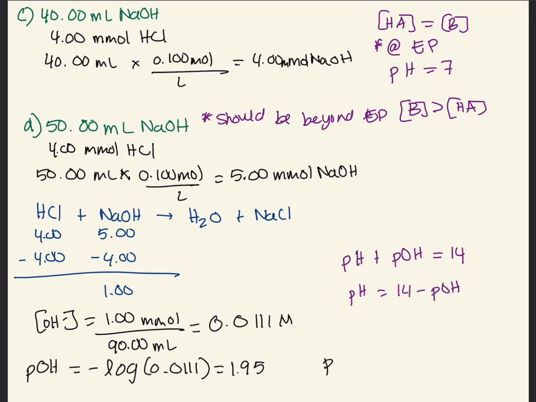So down here, my pH is going to be equal to 14 minus 1.95, which gives us 12.05. And that pH does make sense because it is a basic pH.